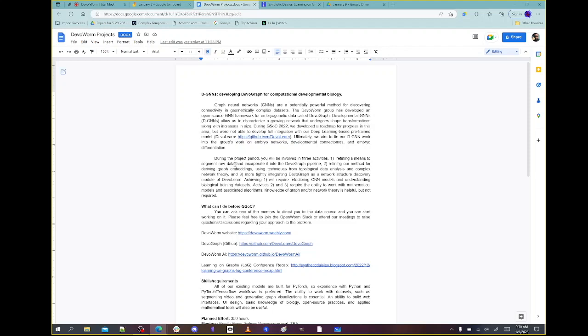So we have this ability to segment raw data and incorporate it into this pipeline, refining the method with respect to deriving graph embeddings, and then refactoring the models, and then extending this to topological data analysis and complex network theory. So these are two output areas.